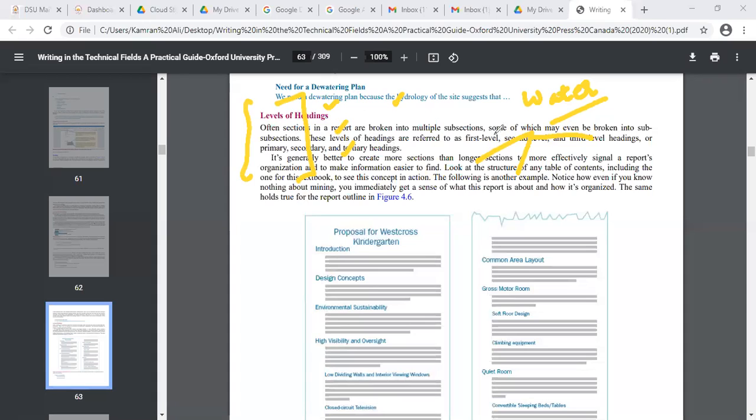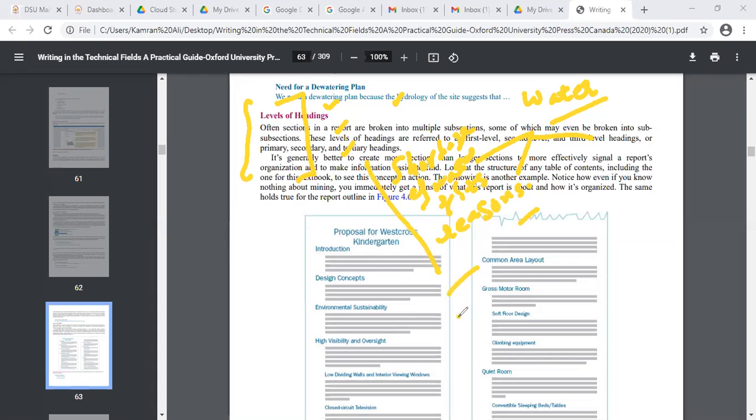But let's suppose when you're talking about water you want to talk about shortage of water and its reasons, why it is short, right? Now there's much to be written, right?